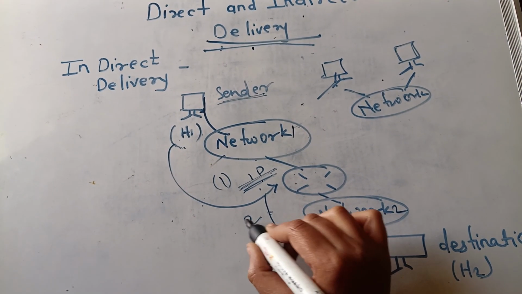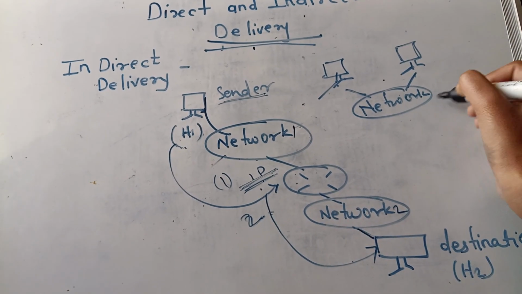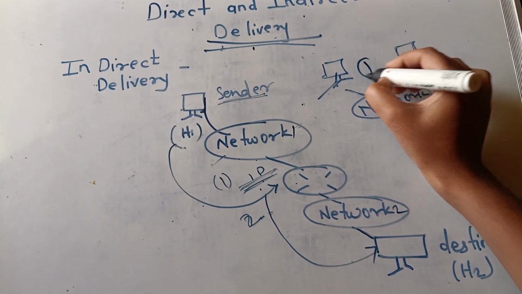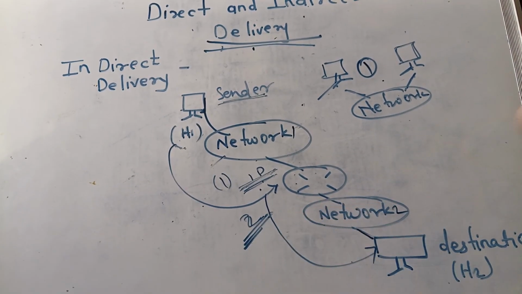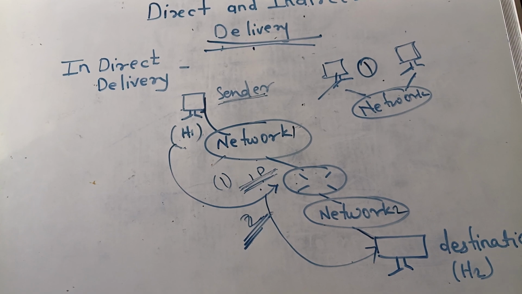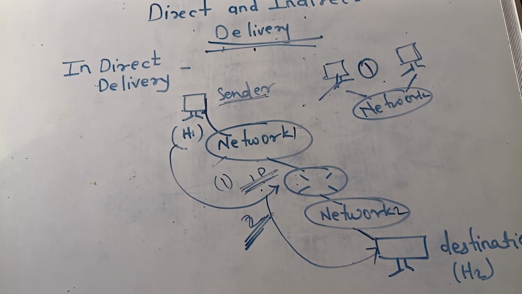So there are two steps here, whereas in direct delivery there was only one step. This is the main difference between direct and indirect delivery.